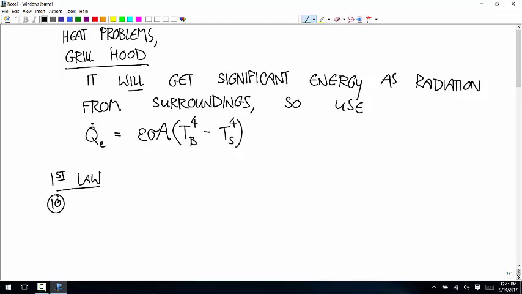I put quasi-equilibrium in parentheses, but anytime a problem says something about changing slowly, that's telling you that you can make that quasi-equilibrium assumption, because there are no inertial effects messing up relationships between the properties. So the volume is decreasing, and the spring force is decreasing.